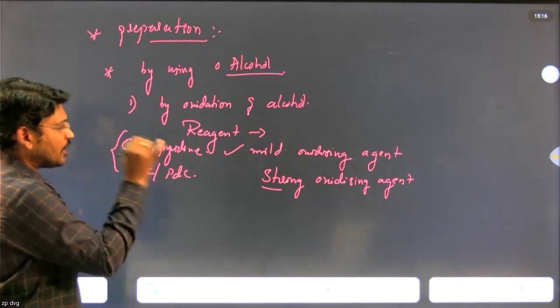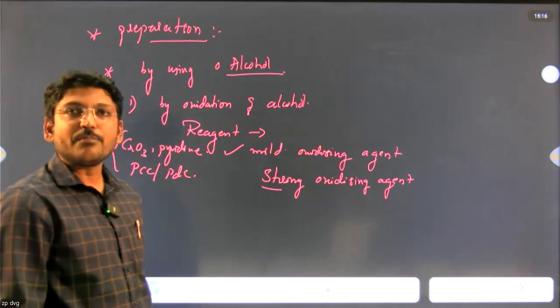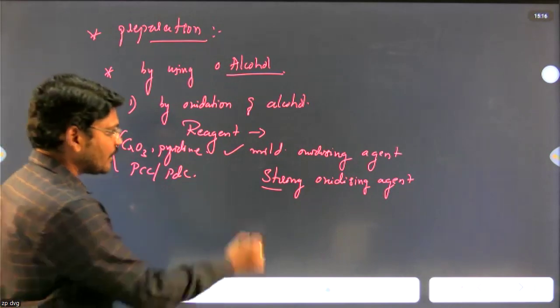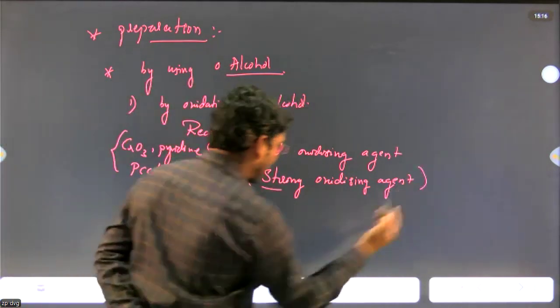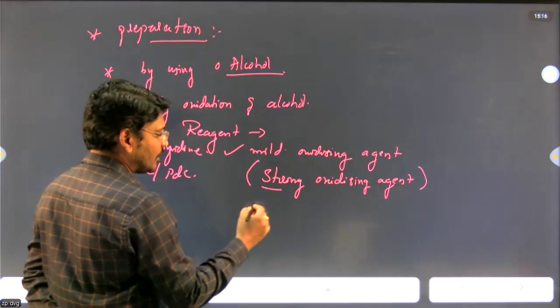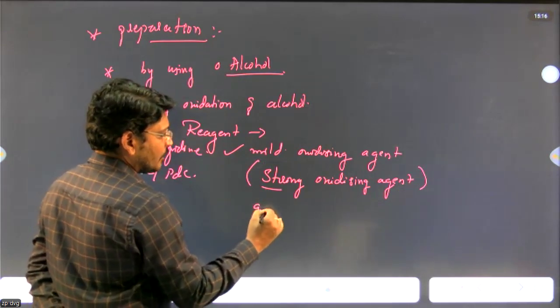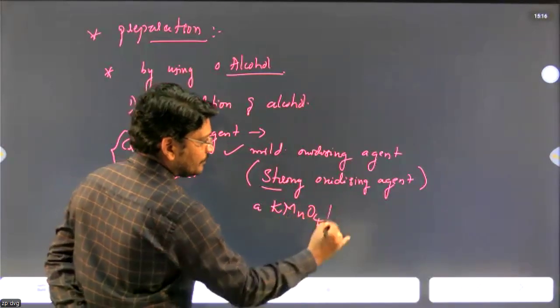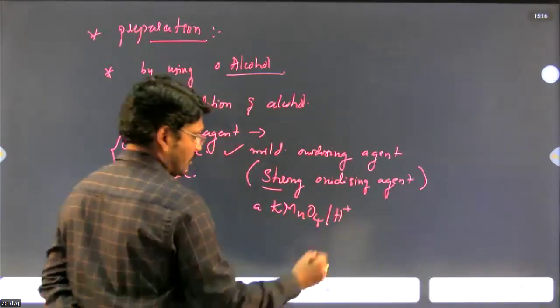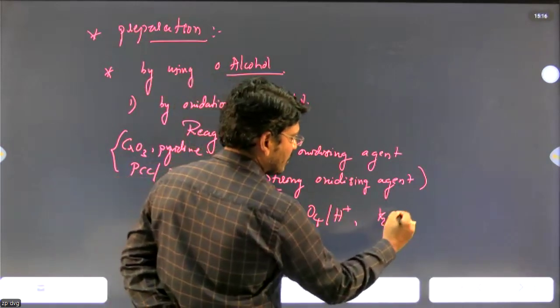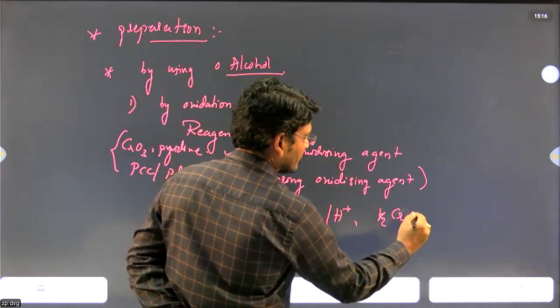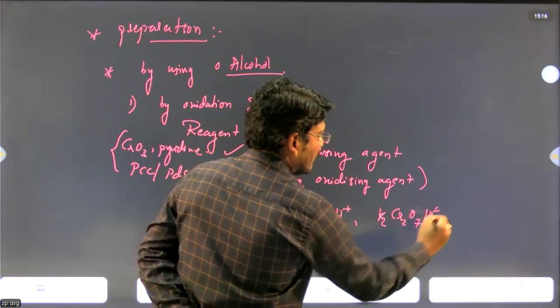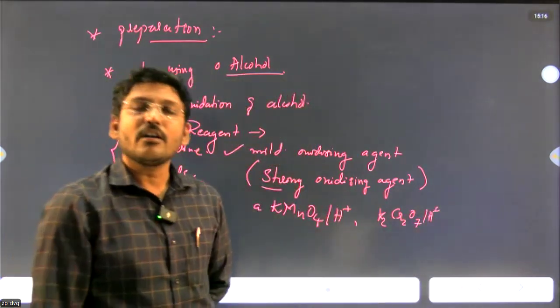So these are all considered as mild oxidizing agents. But under strong oxidizing agents, we already know that is acidic KMnO4, otherwise acidic K2Cr2O7.